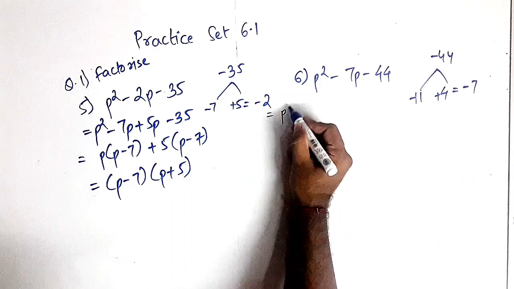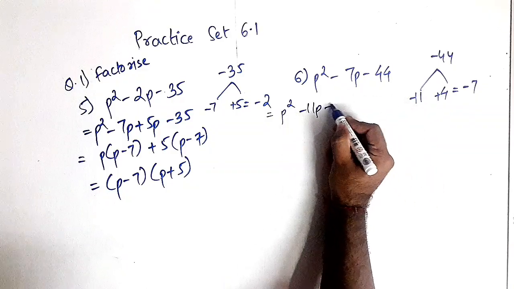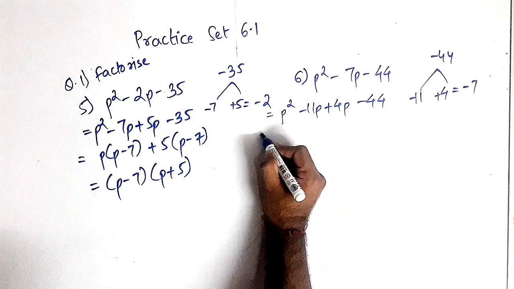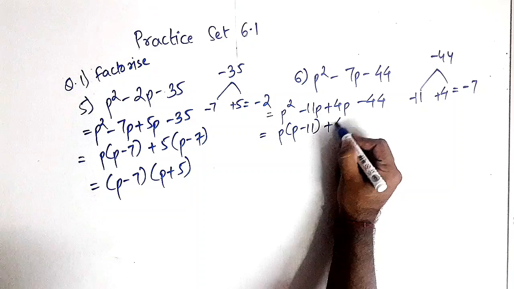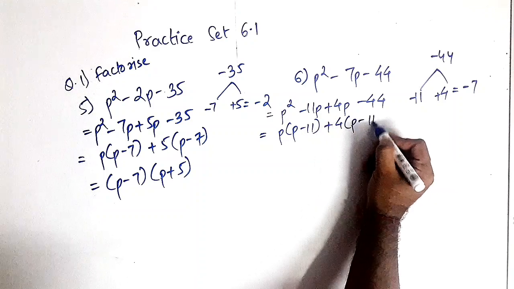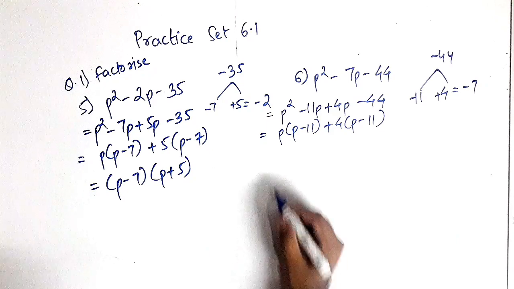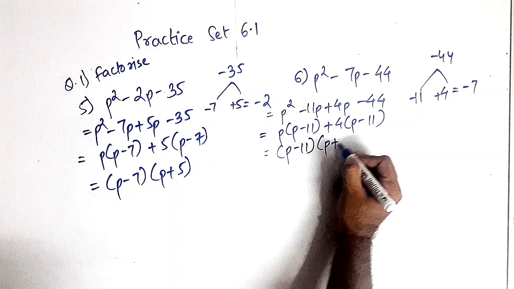So this is how I'll write p square minus 11p plus 4p minus 44. P common, p minus 11; plus 4 common, p minus 11. So p minus 11, p plus 4.